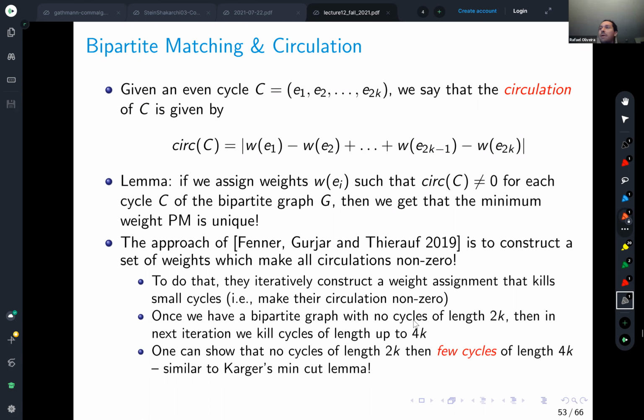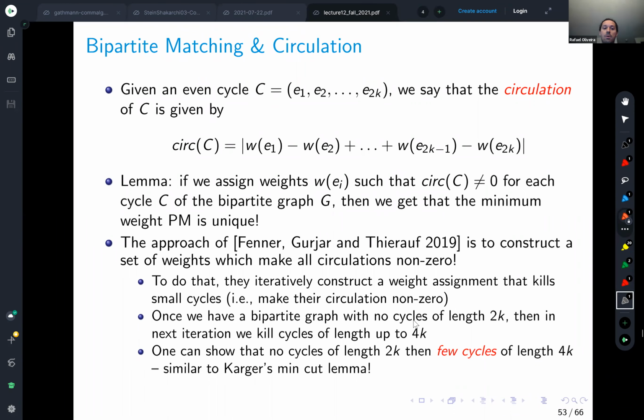If you remember, this result is very similar in spirit to Karger's min cut lemma, which says that if my min cut is alpha, then there are O of n to the 2 alpha cuts of size at most 2 alpha. It's so similar that one may wonder if there is a connection, because they prove exactly the same bound that Karger does. So this is the approach. So far, so good?